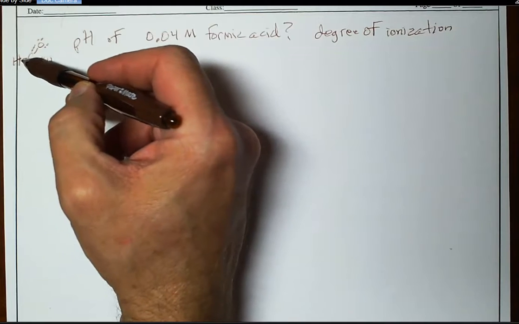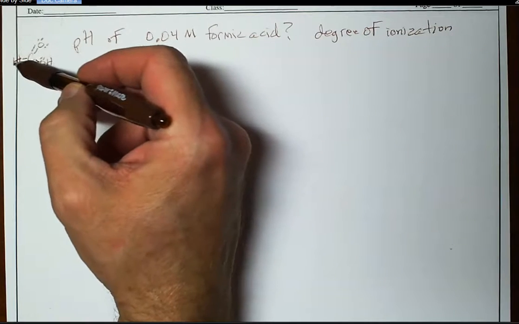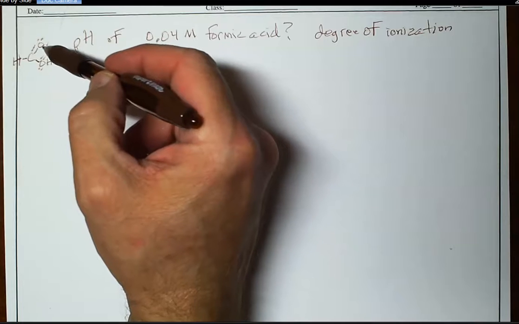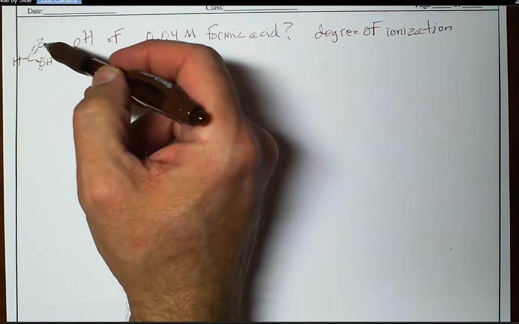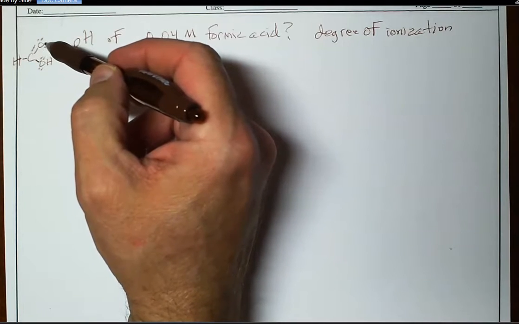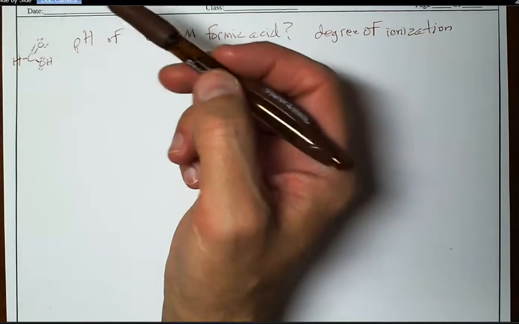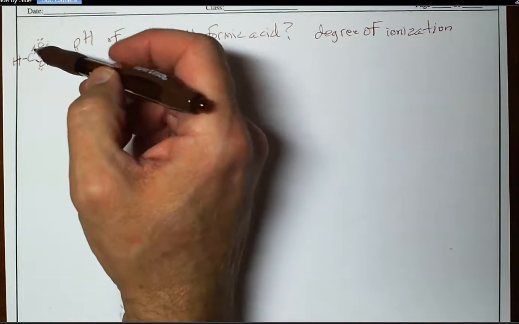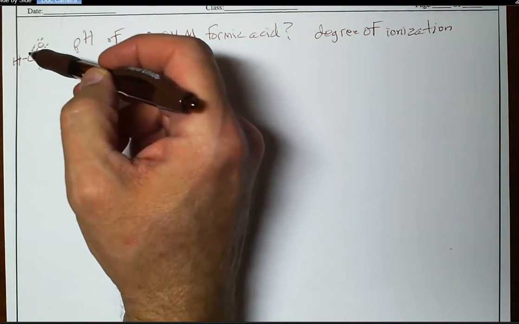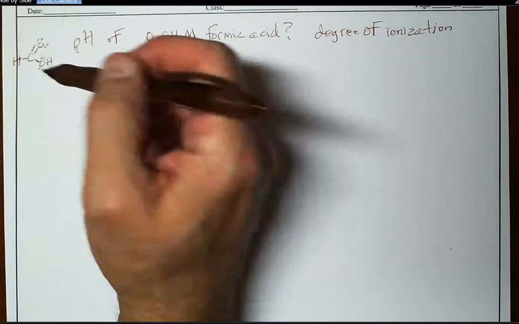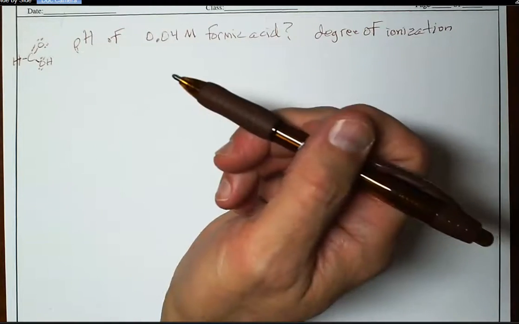And then over here is where I ran out of room. So here's hydrogen. So anyway, you'll see it written sometimes as CH2O2. You can see it as HCOOH. There are several different ways it's written, but this is the structure.